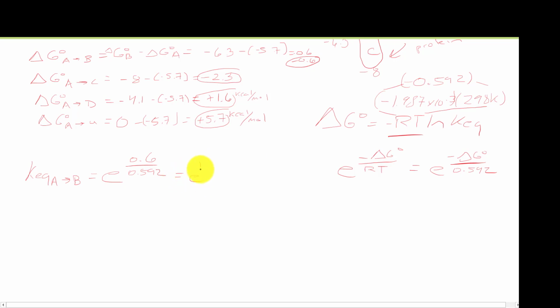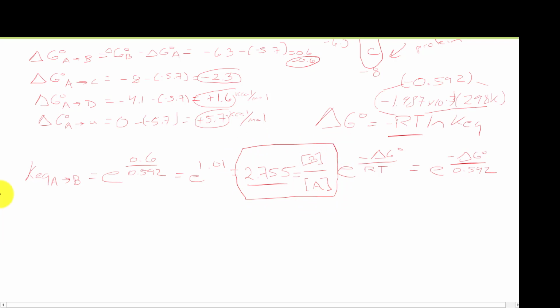So it should be pretty close to E. 2.755, yeah, so it's a little bit higher than regular E. All right, cool. That's the KEQ from A to B. So in this case, B is going to be favored because KEQ is larger than 1. But this also means, remember, product over reactant. These products here, as it's written, over A's. So we're going to have 2.755 times more B there.